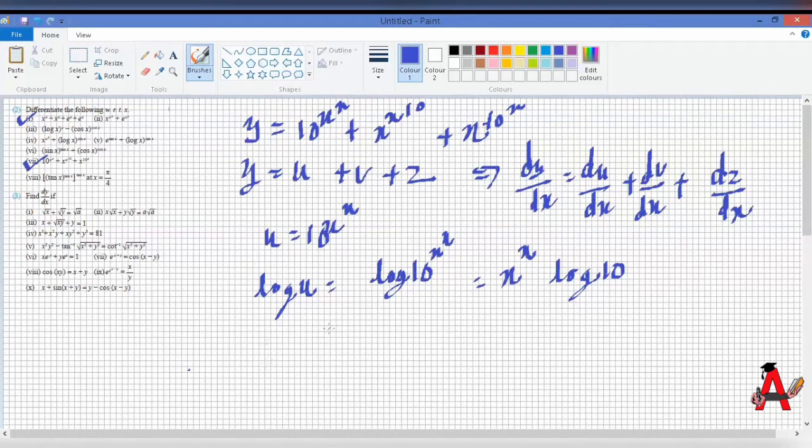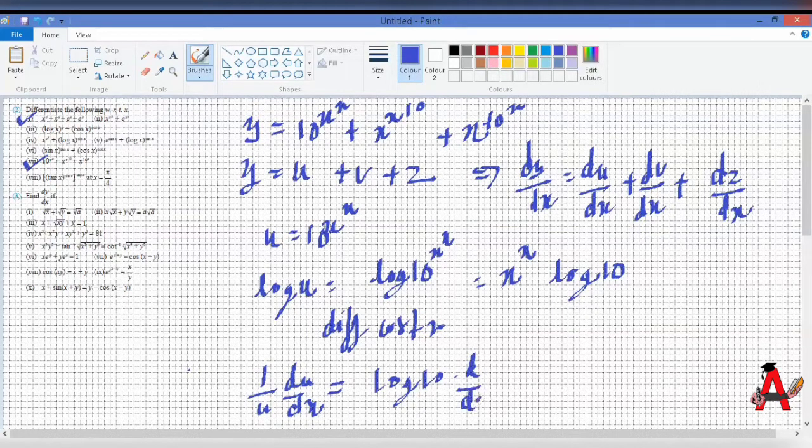Now if I differentiate with respect to x, it will become 1 upon u du by dx is equal to, log 10 is a constant, log 10 into the derivative of x raised to x, which will be equal to log of 10 into 1 plus log x into x raised to x.